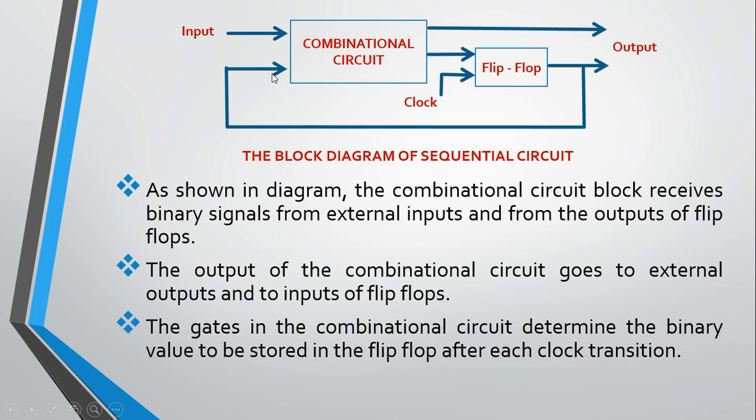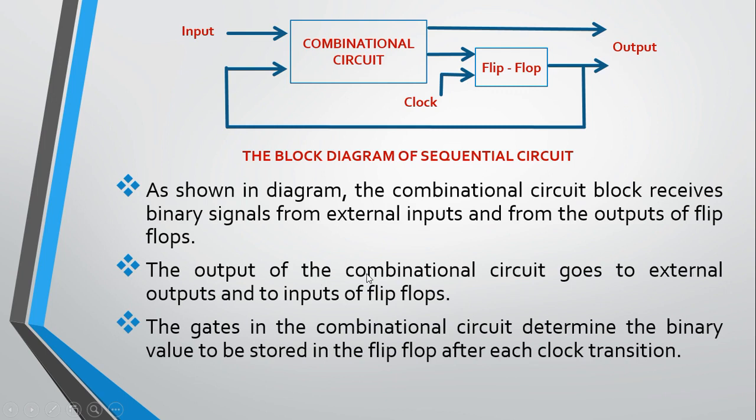So if you have drawn the block diagram properly, at that time you are easily able to explain the given points: inside the combinational circuit, the first is called the input variable, which comes from the external sources, and another input is the output of the flip-flop. Here is the output of the flip-flop which we have provided inside the combinational circuit.